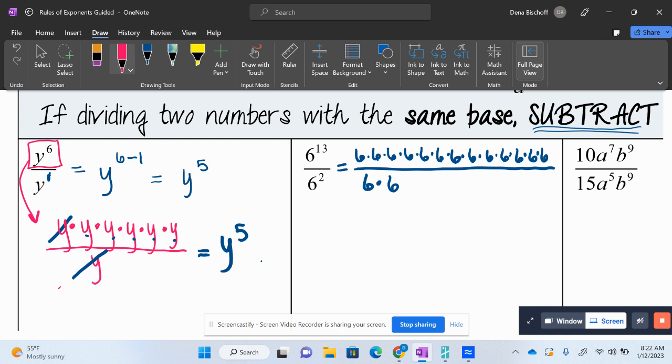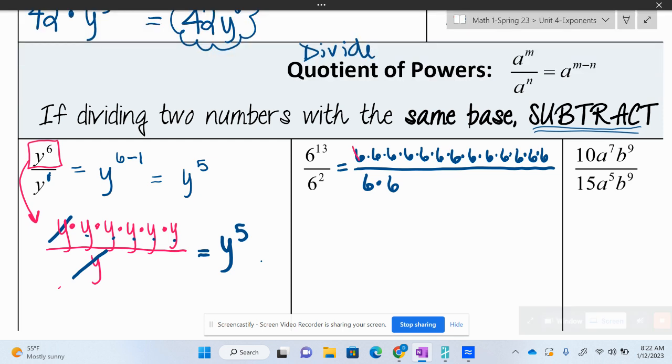And if I use that rule that says we can cross off 1 from the top and 1 from the bottom, 1 from the top, 1 from the bottom, that leaves me with 1, 2, 3, 4, 5, 6, 7, 8, 9, 10, 11, which is the same thing as saying 6 to the 13 minus 2. It works the same way, okay?